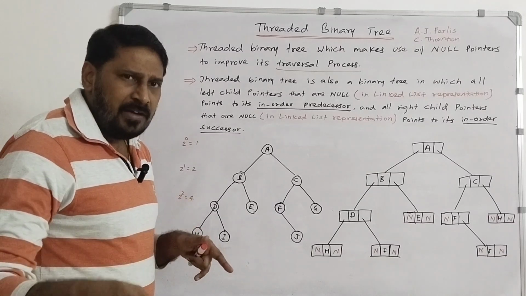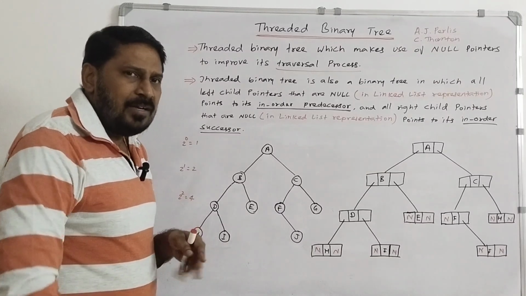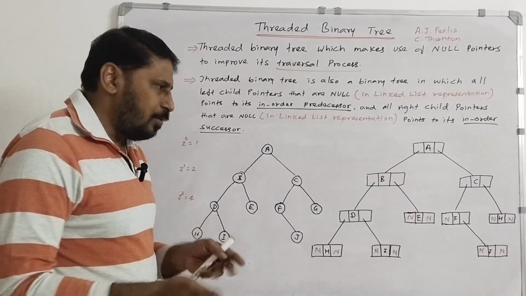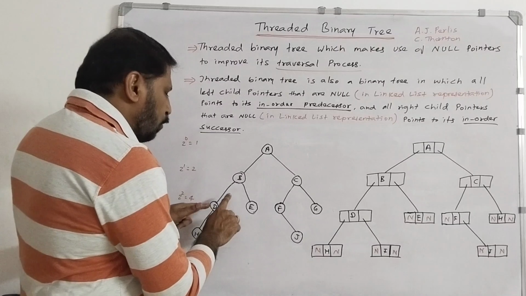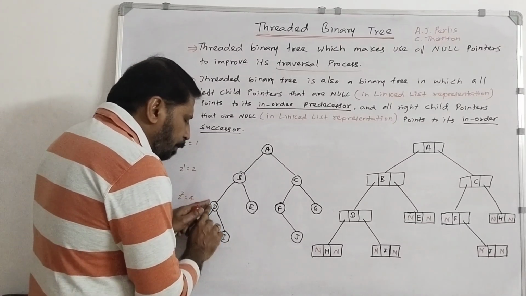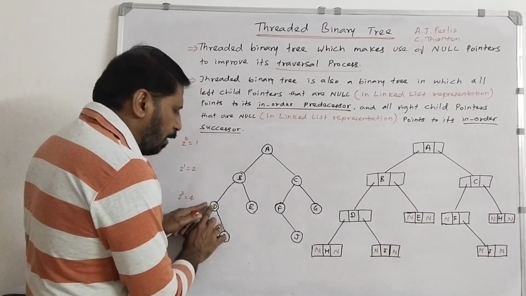If you have any doubt, I already posted a video. I'll give a link. Go to that video, get some information, and then come here. So what is in order? In order is nothing but left, root, right.